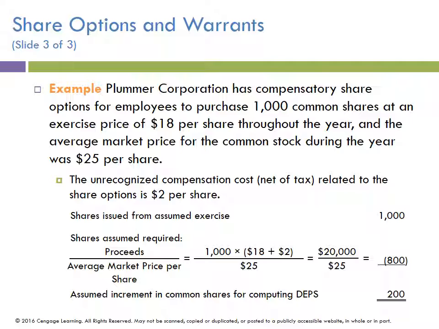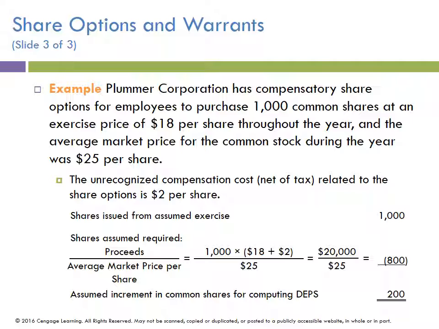That's what we would include. So the total amount of cash we would receive or value we would receive because of these options being exercised and converted to 1,000 shares would be $20,000. The assumption is we took that $20,000 and immediately went into the market and bought back our stock at the average market price of $25 a share. So we would be holding treasury stock of 800 shares.